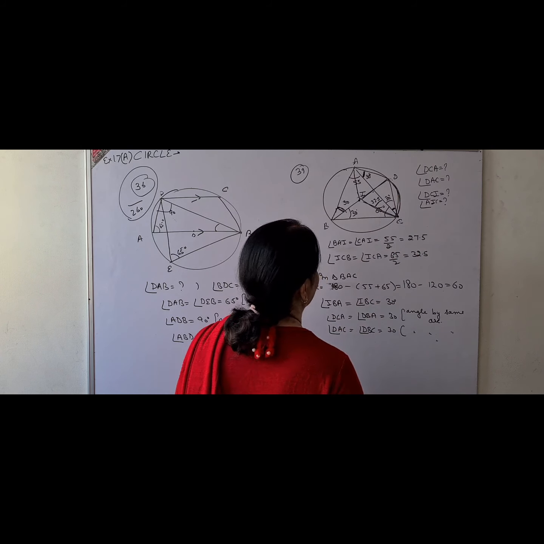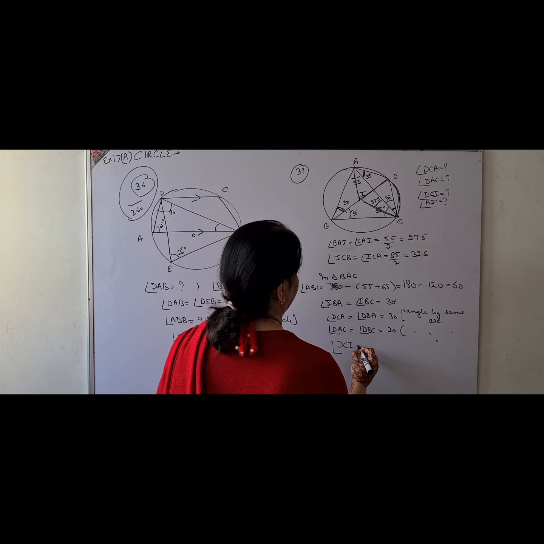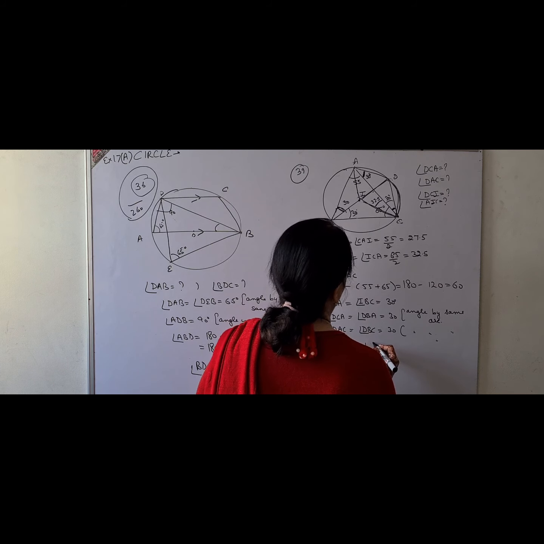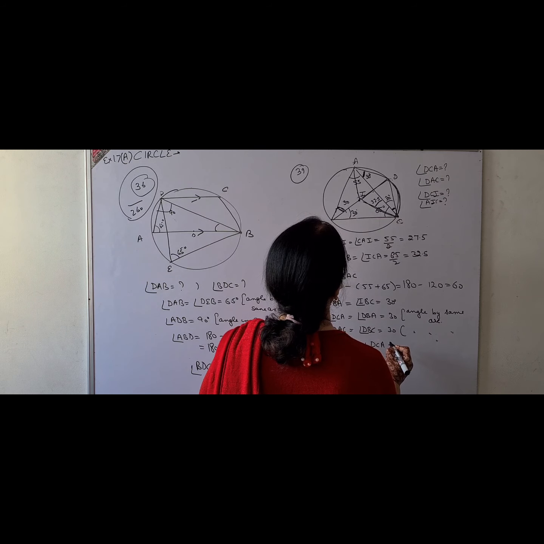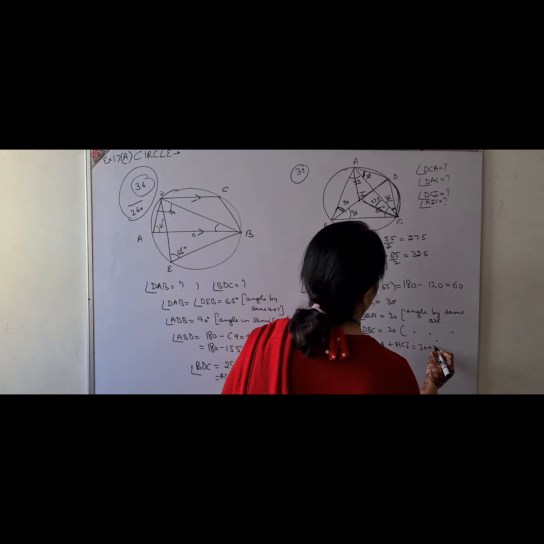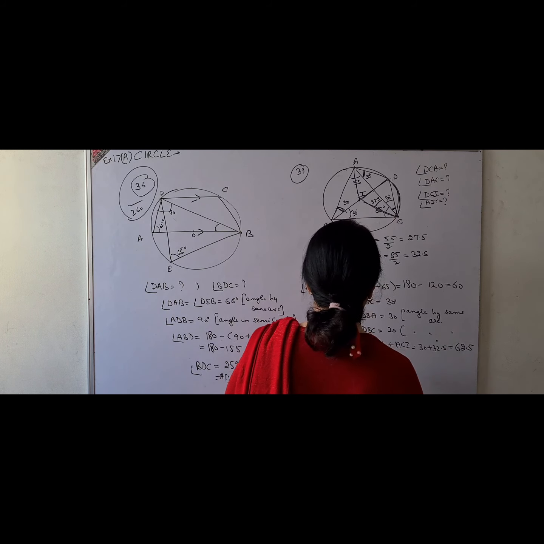That is why you have to write the angles. Now the third, DCI, will be the sum of DCA plus ACI, that is 30 plus 32.5, that is 62.5.